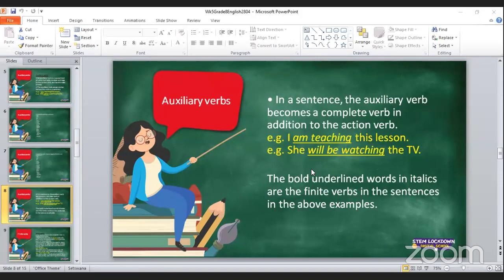So in my first example, it is made up of am, which is an auxiliary verb, as well as teaching, which is an action verb. In the second example, our complete verb, will be watching, is made up of will be, which is an auxiliary verb, and watching, which is an action verb.